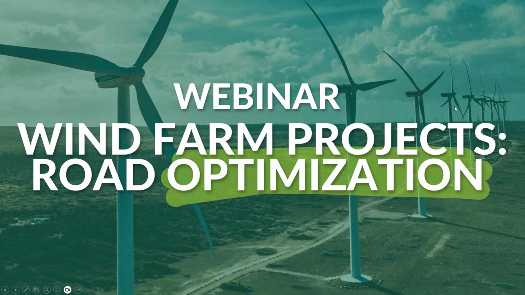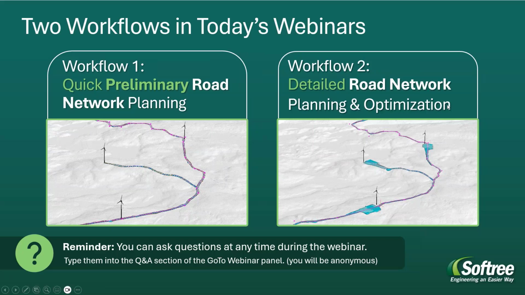As I mentioned, today we're going to be talking about two different workflows. Which workflow you use and why really can depend on what stage of your project or wind farm design process you're in. First, a high-level initial preliminary road network plan.